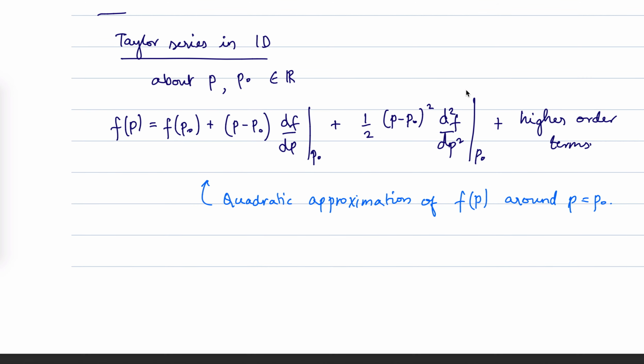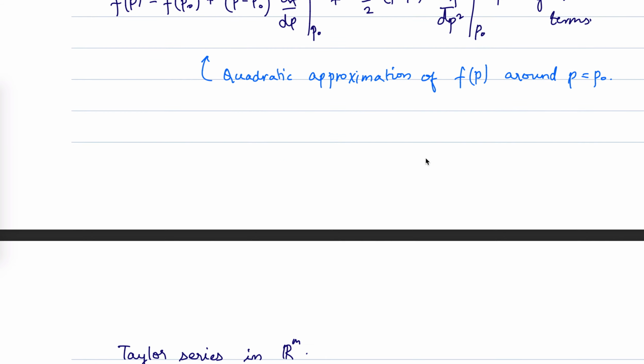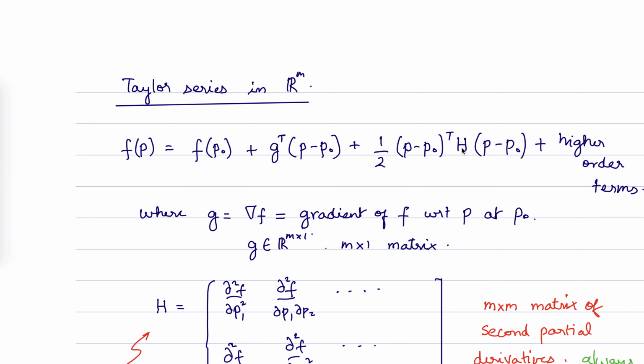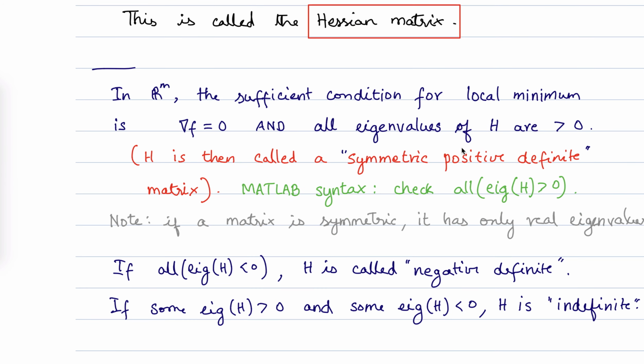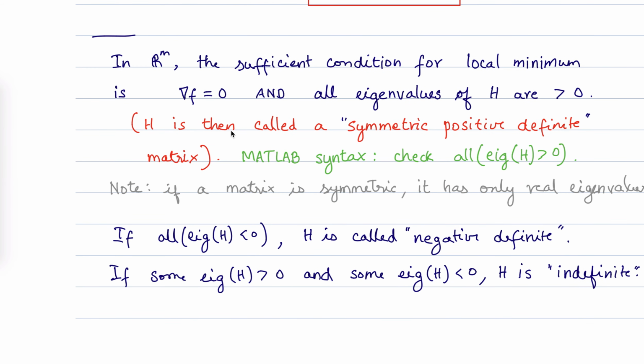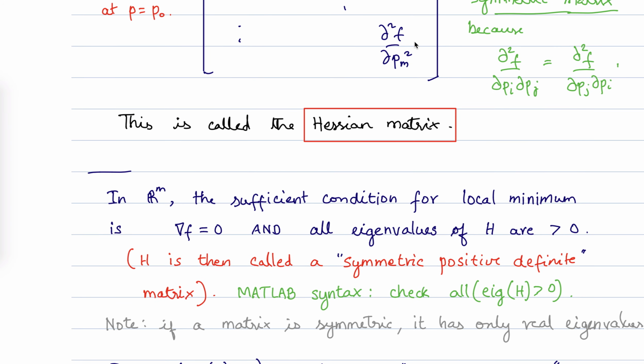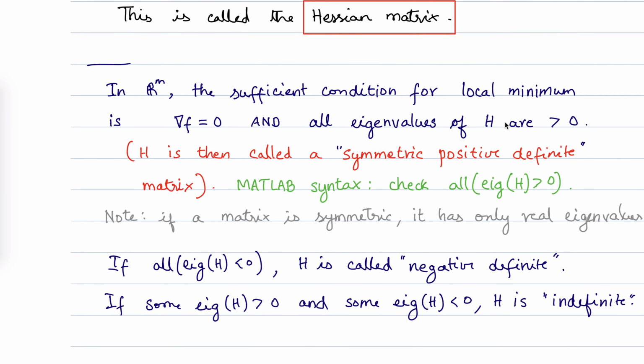What we were looking at was a condition, just like saying second derivative greater than 0 for a minimum in 1D. What is the corresponding condition on the Hessian matrix? It turns out the sufficient condition for a local minimum in m dimensions is that the gradient needs to be equal to 0 and all the eigenvalues of H, this matrix, need to be greater than 0.